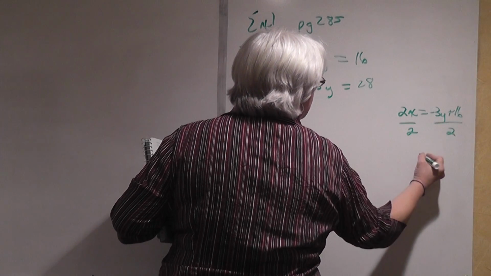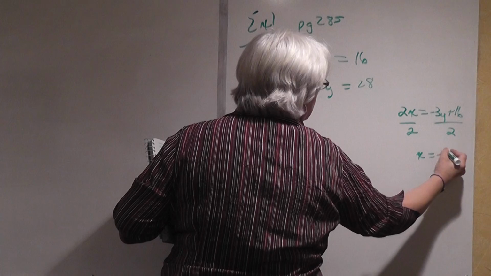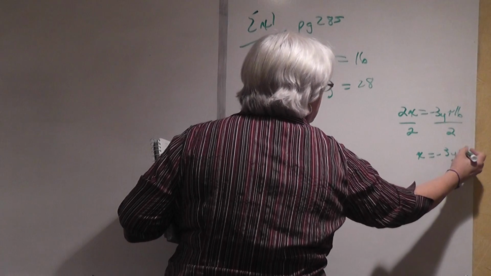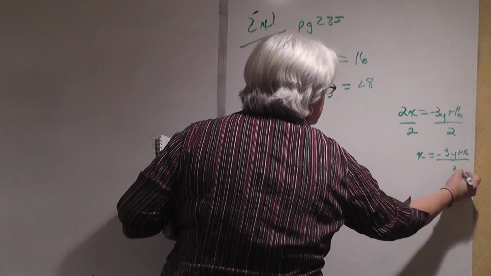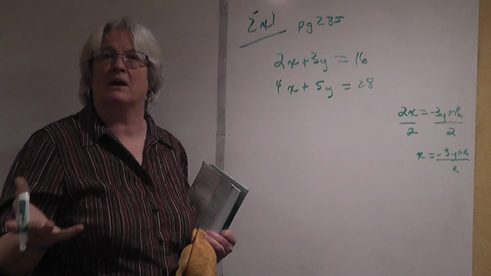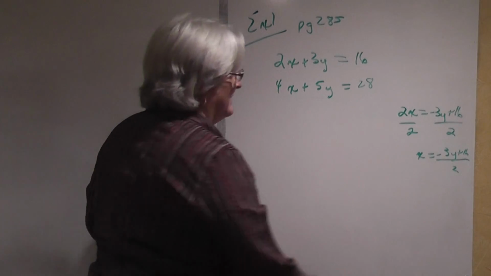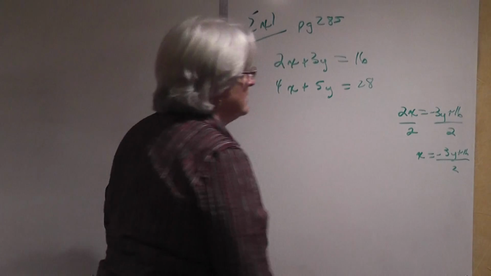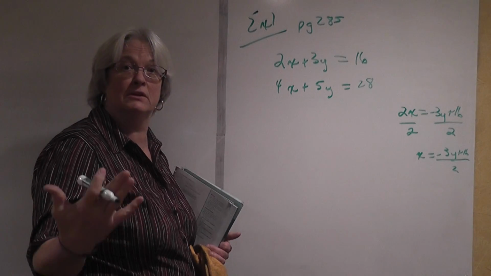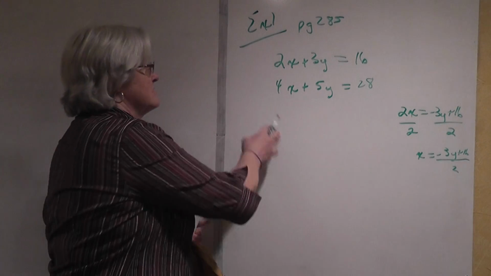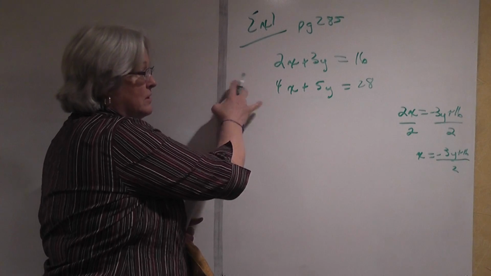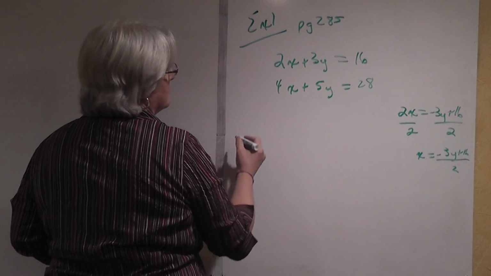And I end up with a particularly yucky looking mess of numbers and letters. Even though it's yucky looking, negative 3y plus 16 divided by 2, it's still a value for x that we're going to substitute into this second equation here.